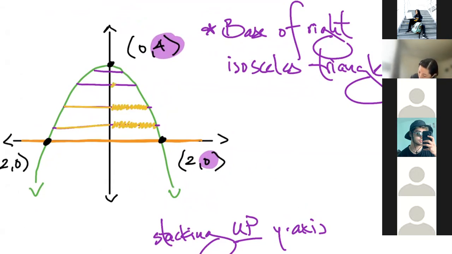We know that this squiggly part is going to be the same length as that part, and this squiggly part is the same as that squiggly part. So we can use symmetry by saying, let's find these sides, the squiggly parts. And if I take the squiggly part and I double it, I will get the whole base.